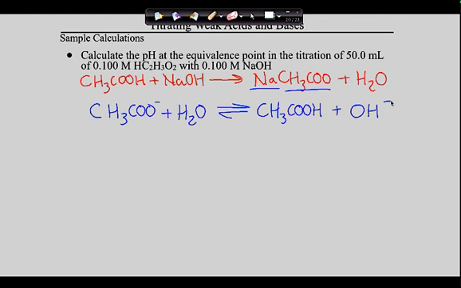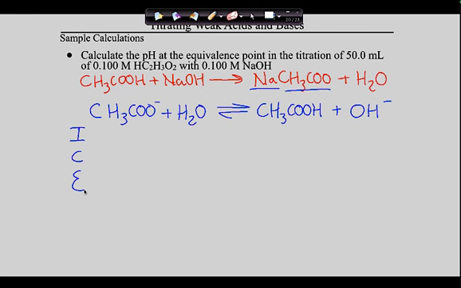So guys, I would strongly encourage you to write down the overall reaction first. That will then lead you to the ion that you need to focus on at equivalence attacking the water. Is that okay? Because it has to be. If it weren't, we couldn't do this. Now guys, we're going to icebox this.